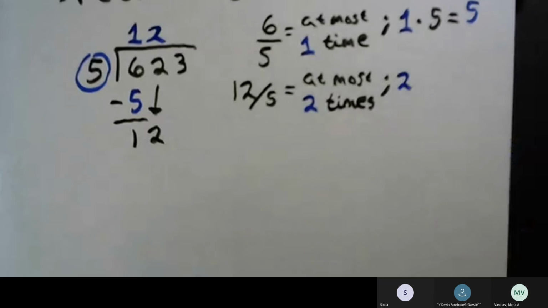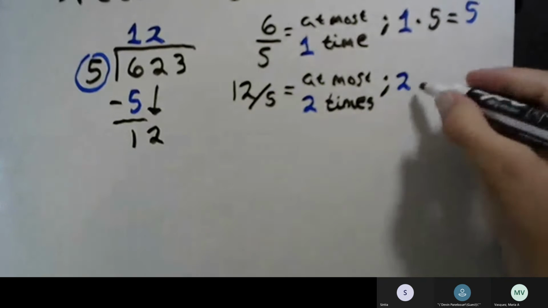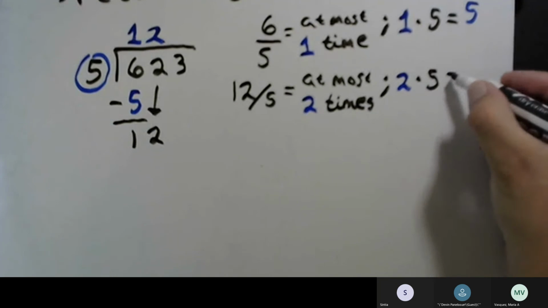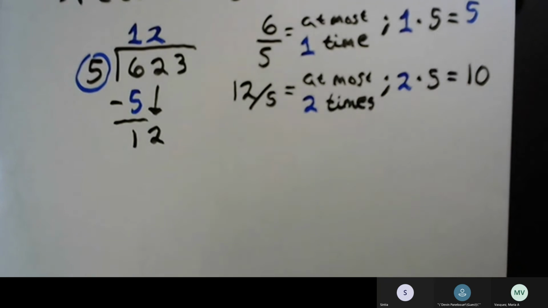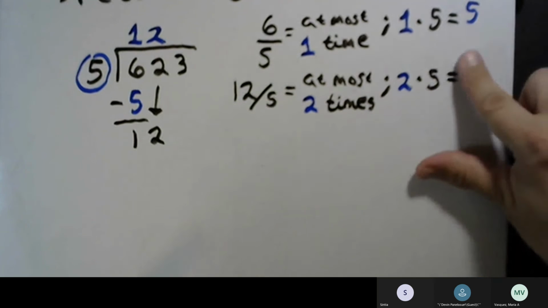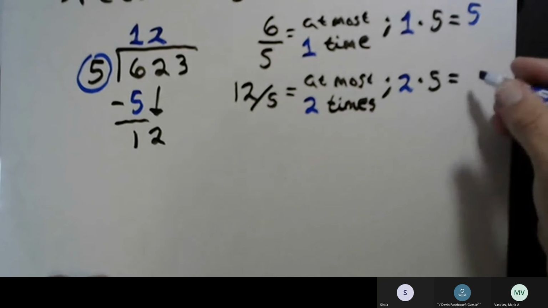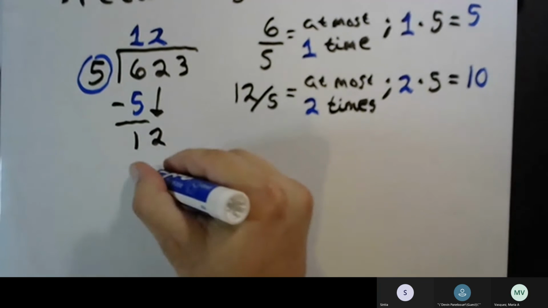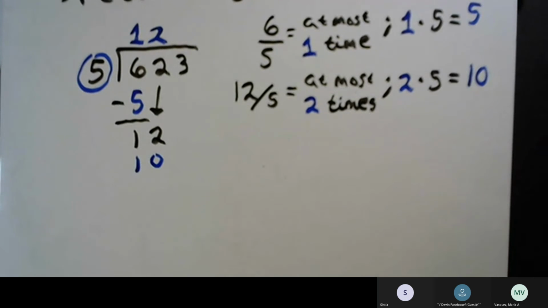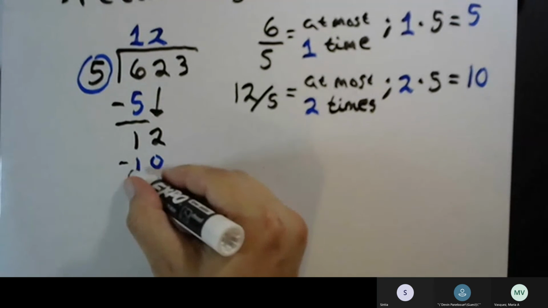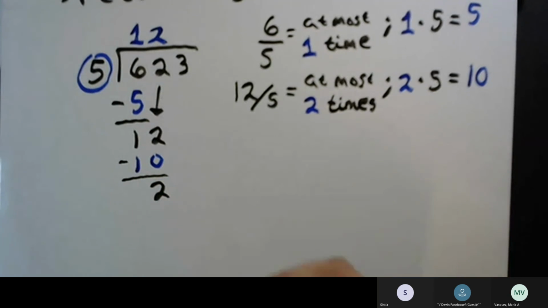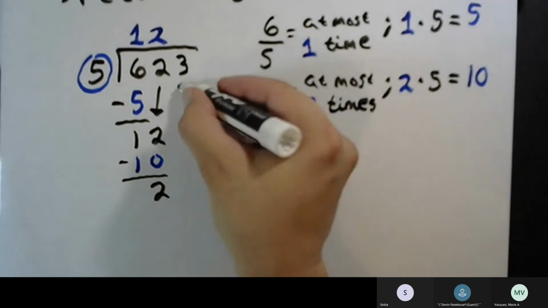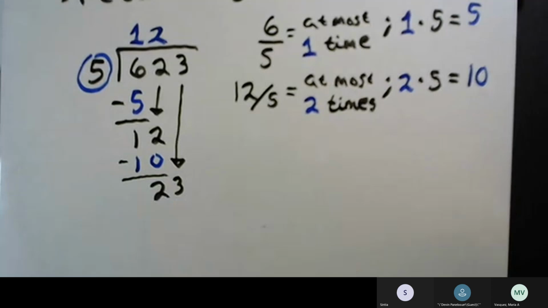And then 2 times 5 is 10, and that's going to be a blue 10. And that's 2. Bring down the 3. And that's the end of our second round of long division.